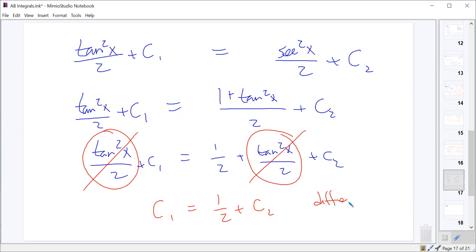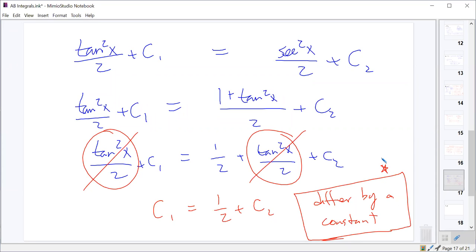And this is a really important thing that happens with integrals sometimes: for indefinite integrals, you might get two different answers, or two answers that look very different from each other and are not equal to each other, but they differ by a constant, and that's okay. All that integration is doing is finding us some function that we can evaluate to find the area underneath the curve.